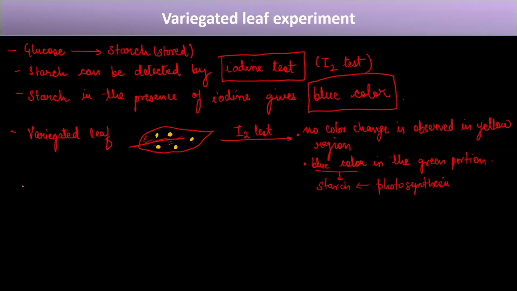Now, the scientists also did another set of experiments. They took a plant with a leaf, and covered a part of that leaf with a thin black strip.